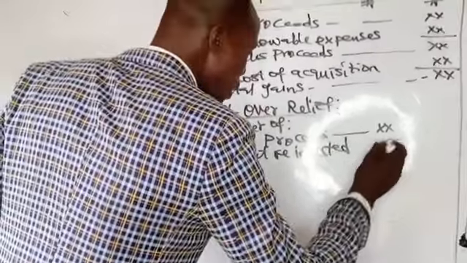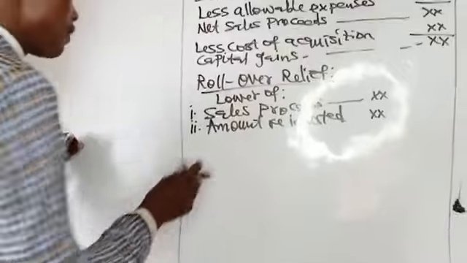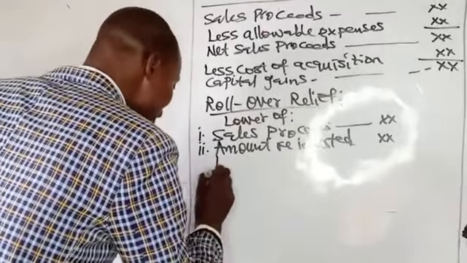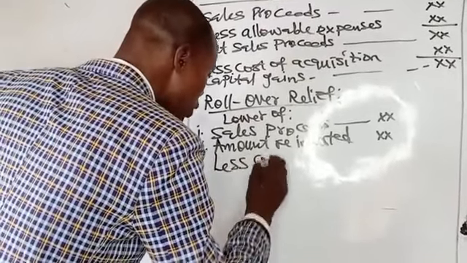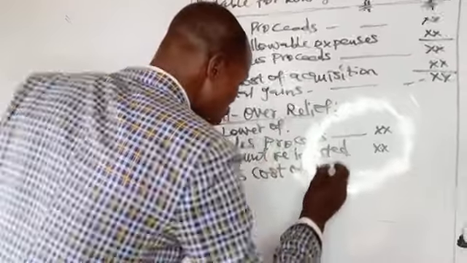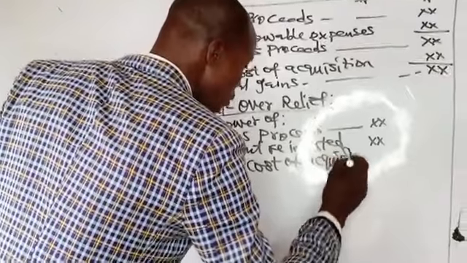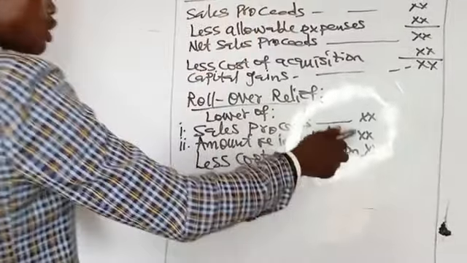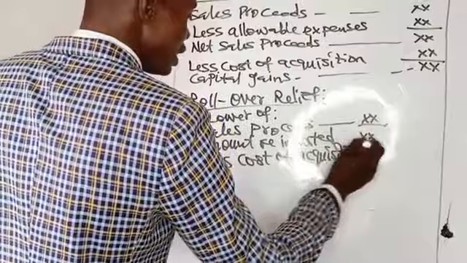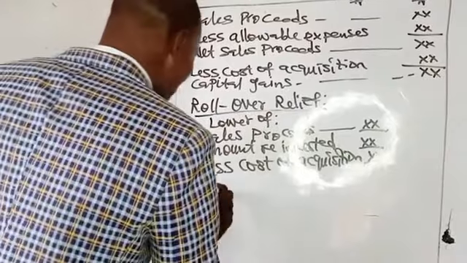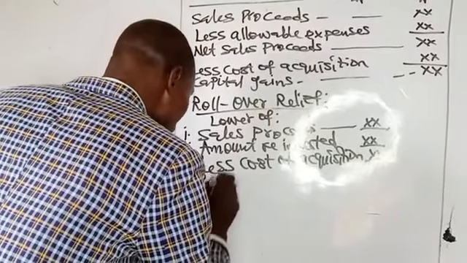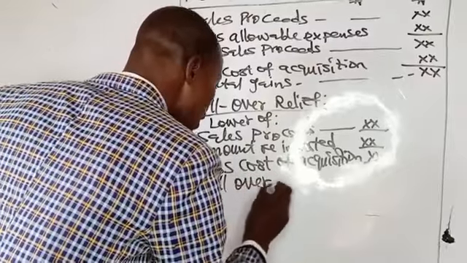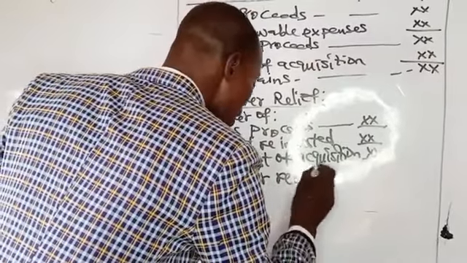You consider the lower of these two items. Then from the lower of the two, you now less cost of acquisition. If you deduct cost of acquisition from the lower, then you get the amount of rollover relief claimable.